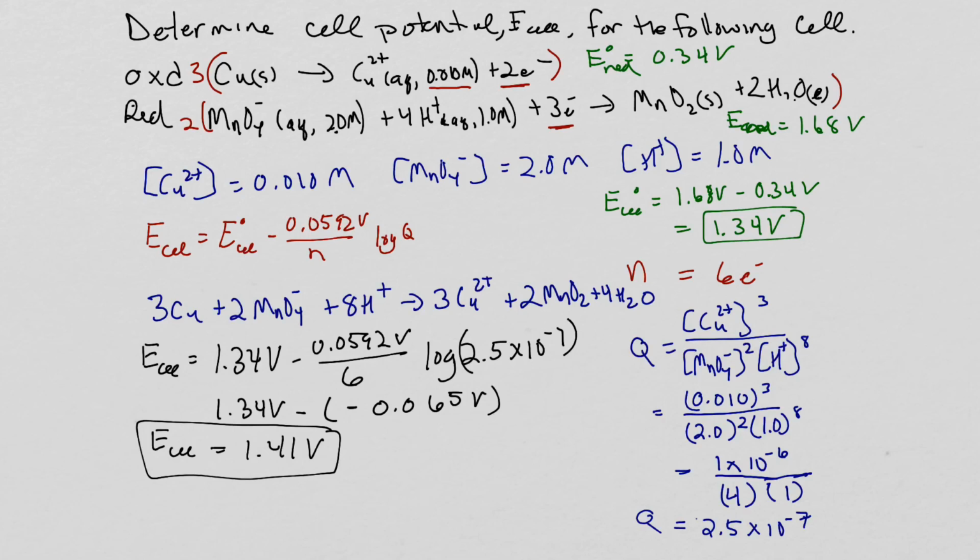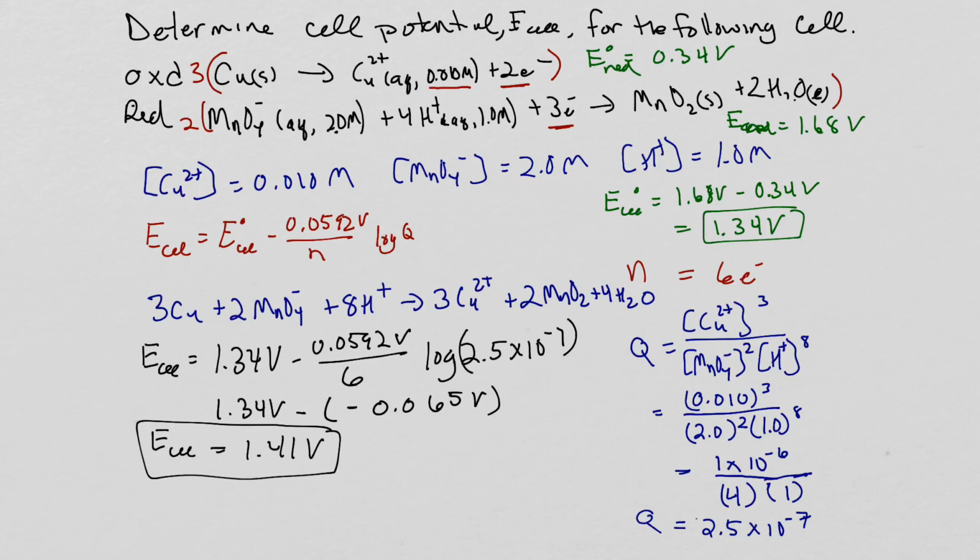So that means the reaction is going to want to be driven toward the products. So that's going to give us more spontaneous, which would be indicated by a higher voltage. So this is how we can go about solving problems under non-standard conditions.